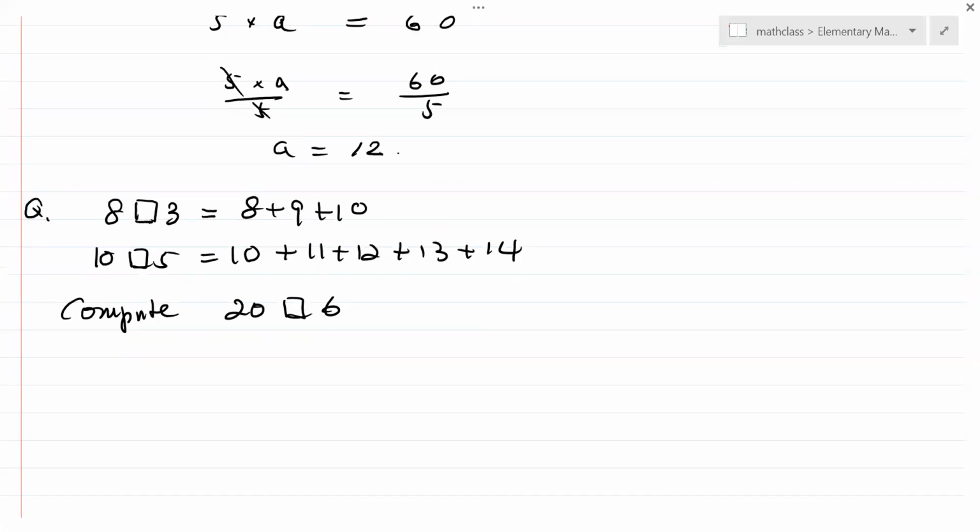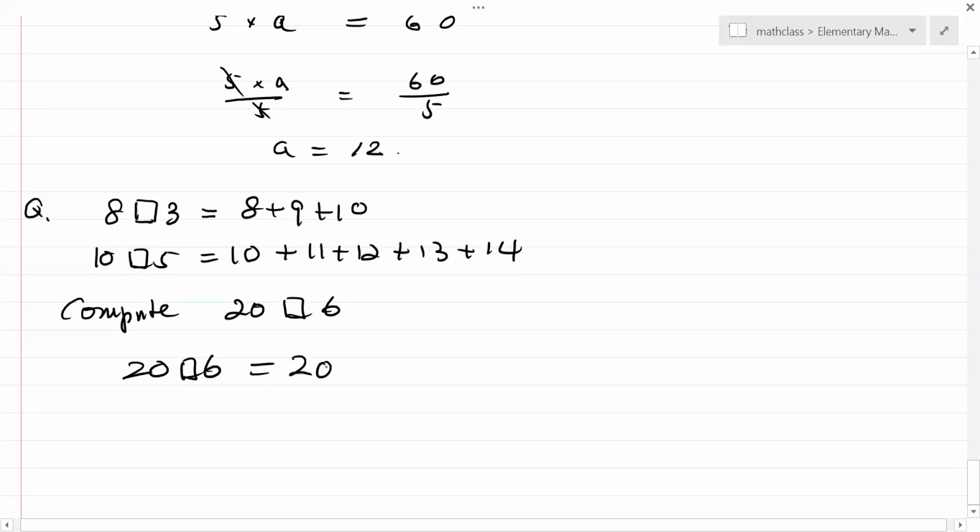All right, so 20 square 6 first means to begin with a 20. You have 6 terms: 20, 21, 22, 23, 24, 25. I already have 6 terms, right?